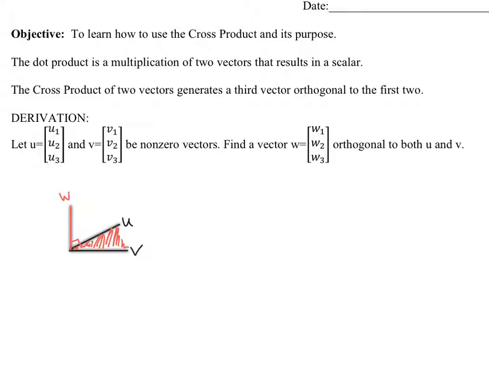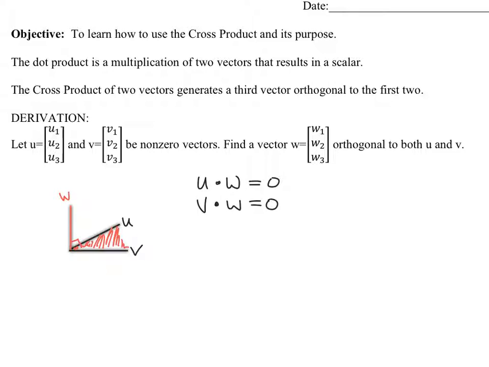So if I dot u and w, I should get a result of 0. And if I dot v and w, I should get 0, because u should be orthogonal to w, and v should be orthogonal to w. u and v are not necessarily orthogonal to each other. They could be, but that's not a requirement.